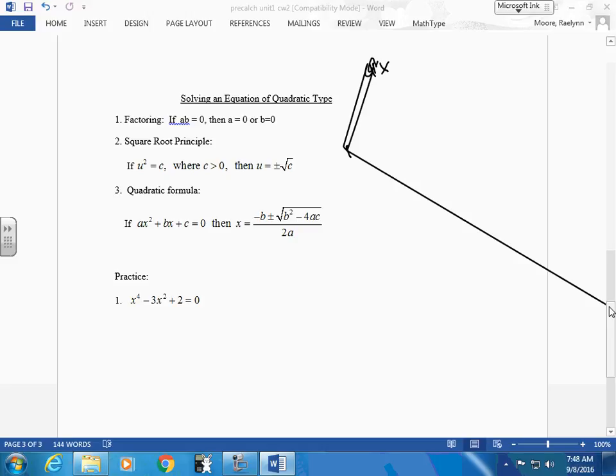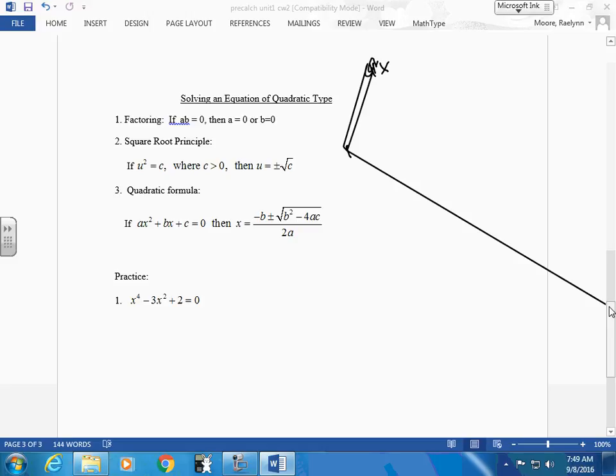X minus 2, x minus 1, right? Now you took the square and you divided that in half, right? So take the 4 and divide that in half. There's your square. So when you do your middle terms, this will all work out. If you FOIL this whole thing out, you'd get your x squared in the middle.